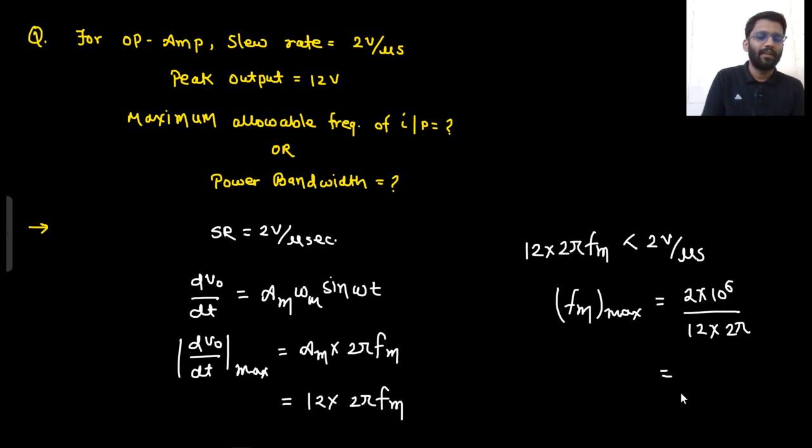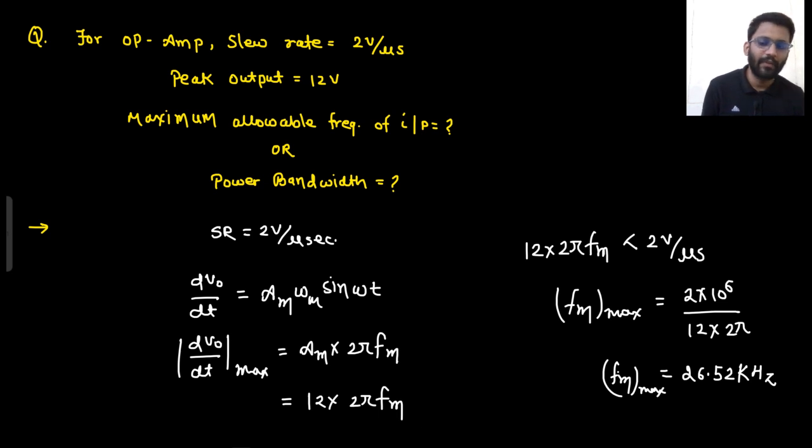So from here, what do I need to calculate? 12 pi reciprocal, into 10 to the power 6. So 26.52 kilohertz. That is the power bandwidth. This is the answer.